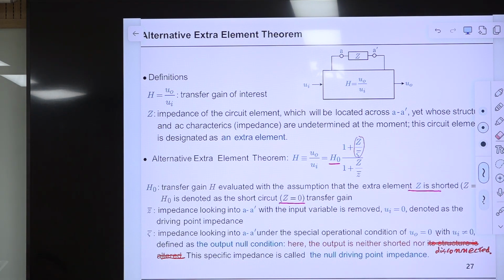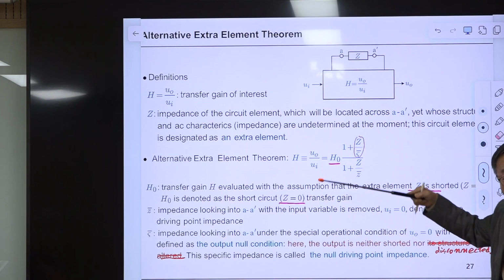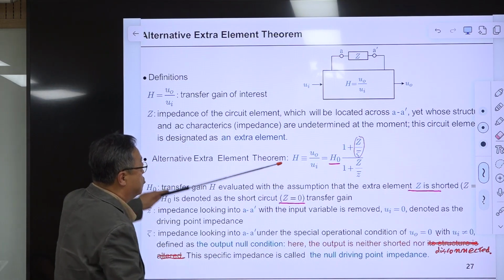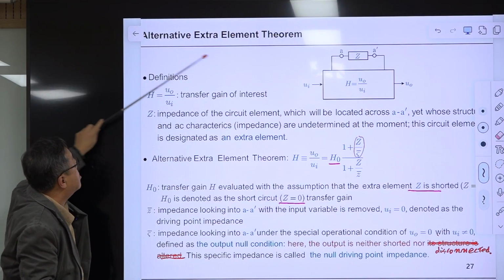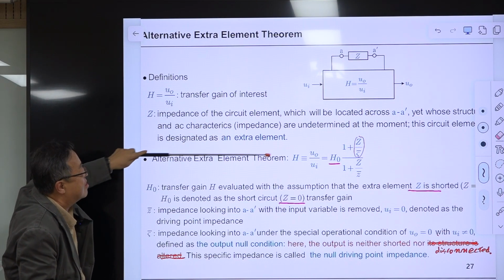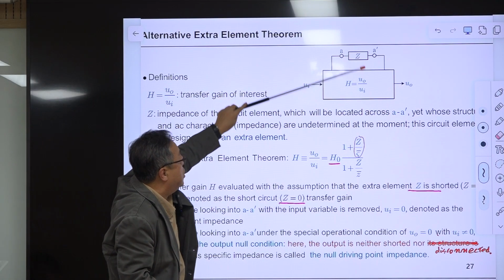Assuming the current sink and load impedance will come later. Initially we assume an ideal voltage source, so this will be shorted, and later G is coming in. For that case, this is the method we're going to use. So this is the EET, but this is the alternative. The figure is the same, but initially we assume this is shorted.